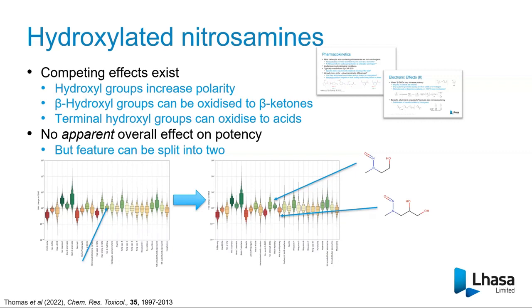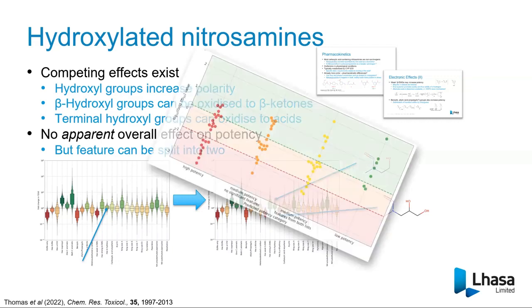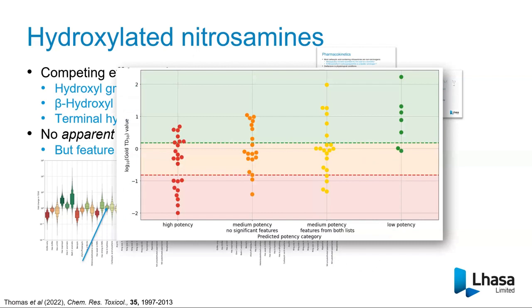We now have to say beta without the beta gamma dihydroxy, and this really reinforces understanding your data. So here is an updated version of the figure from Thomas et al., where we've managed to put a lot more nitrosamines correctly into the low potency bucket by making this change without having any more mispredictions.